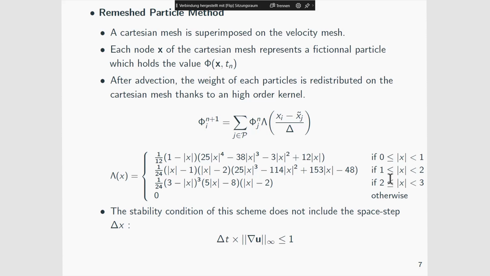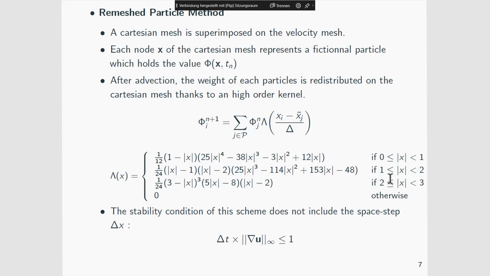Those fictional particles are advected thanks to the velocity field, which was previously computed with the Navier-Stokes equation. Then after the advection, the weight of each particle is redistributed on each point of the Cartesian mesh, thanks to this complicated formula.